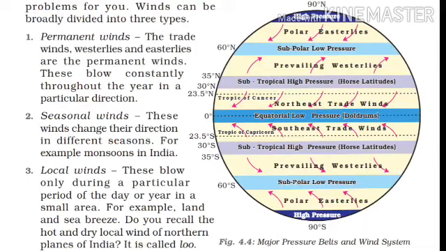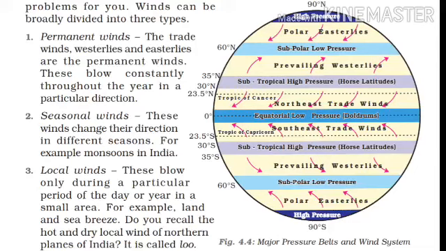They affect small areas for short periods of time. Some local winds, like land and sea breezes, are periodic. So these are called local winds.